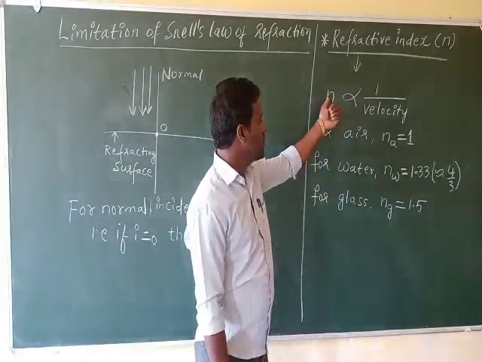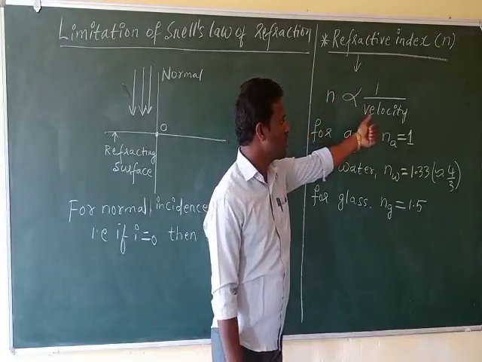According to this formula, the refractive index is inversely proportional to velocity.